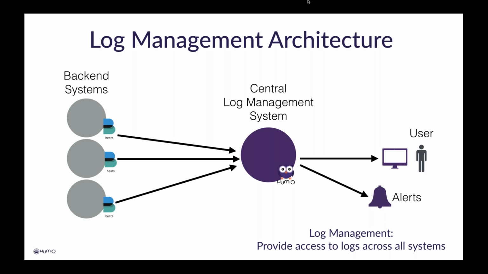And Humio, what we have built, is the purple part, the central log management system. On top of it, you have a user interface where you can do dashboarding and drill down analysis, and you also typically will have some mechanism of triggering alerts and sending them to an outside system like PagerDuty or Slack, or the way you handle alerts.